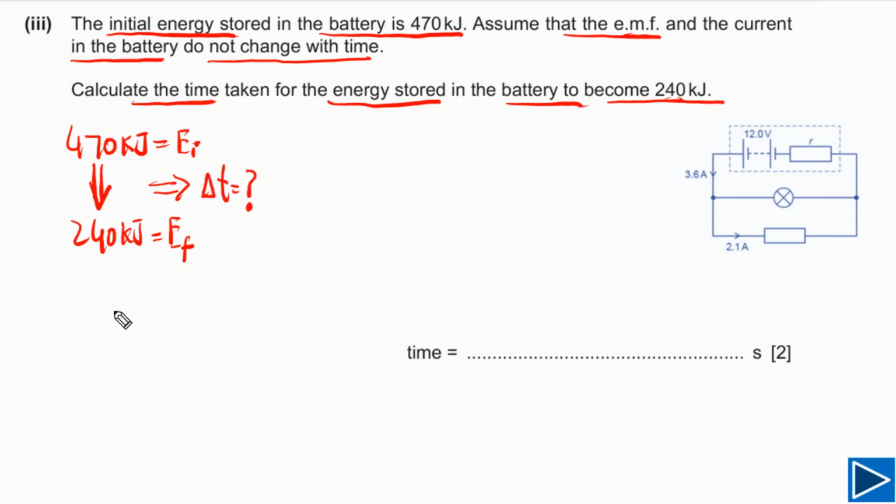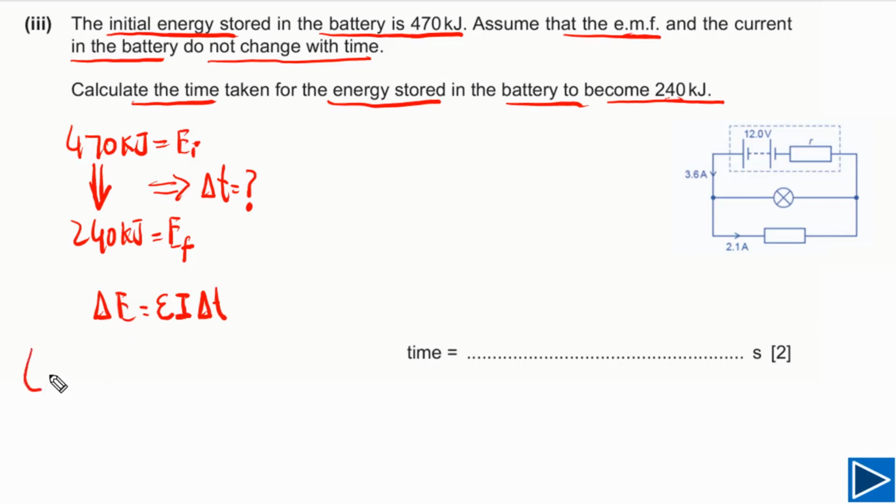For this purpose, we can say delta E has to be equal to the EMF of the power supply times the current passing through the power supply multiplied by delta T. So we need to find the change in energy.